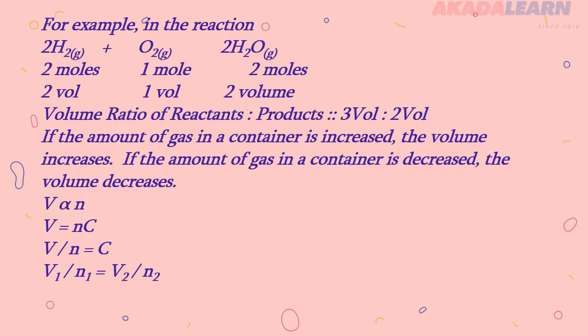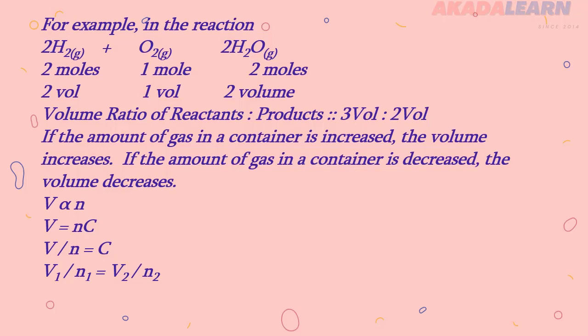Now, the volume ratio of reactants to products will be 3 to 2. This means if the amount of gas in a container is increased, the volume increases. If the amount of gas in the container is decreased, the volume decreases.